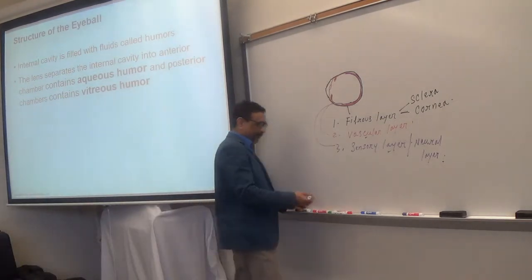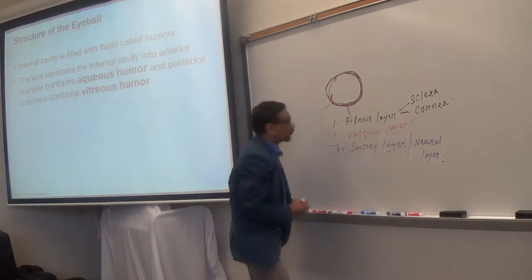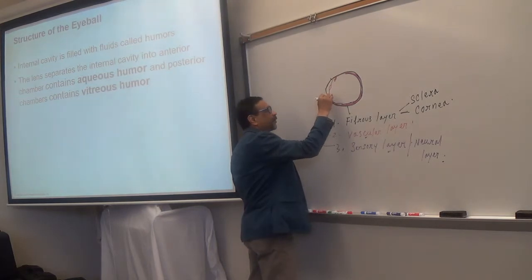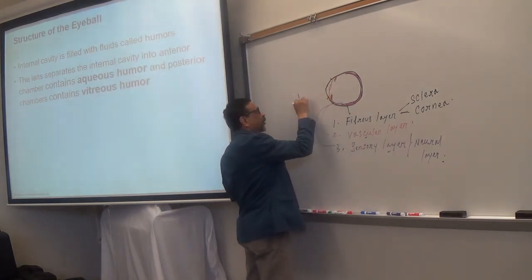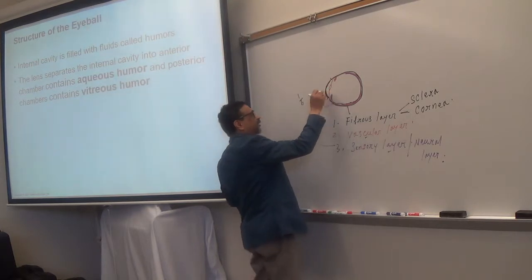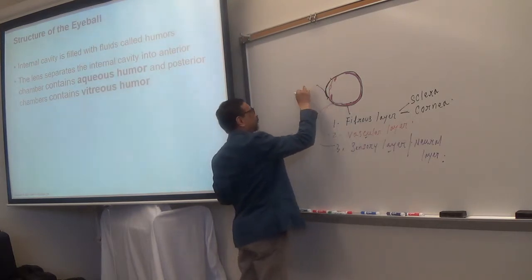Now we'll see. If you see the anterior 1/6 part of the outermost layer, the most front part, this part is transparent and is called cornea.